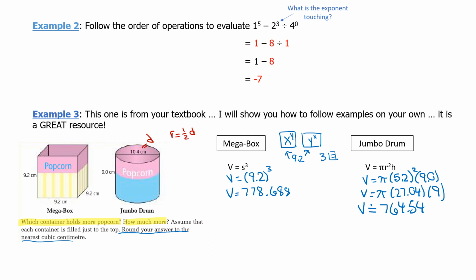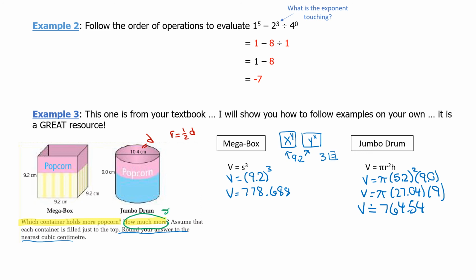764.54. So that's approximate. And the question says, I highlighted it there in yellow, which container holds more popcorn? So which one holds more popcorn? Megabox holds more popcorn. It's larger. So Megabox holds more popcorn, and how much more? How do we figure out how much more?